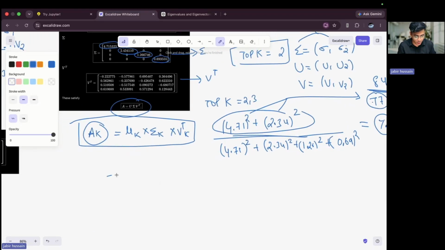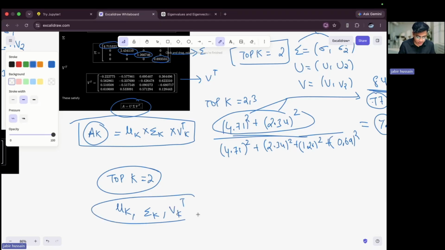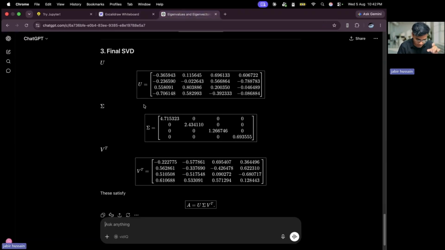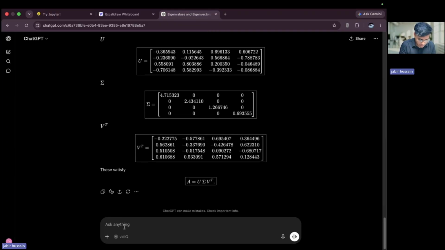So I'll take top k equals 2, and with respect to that I'll calculate my U of k, my sigma of k, and V of k. Okay, and when I do that I'll get a new A of k, and this will be my new matrix, which will have the predicted values. Simple. So I'll go and tell ChatGPT to take top k equals 2 and give me predicted values.